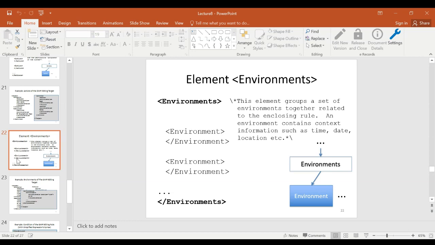Now, we said that the last element was environments, and the environments element is nothing other than just a generic placeholder.